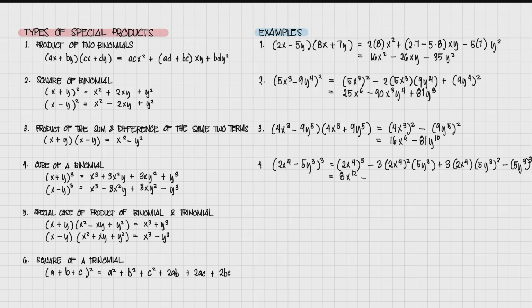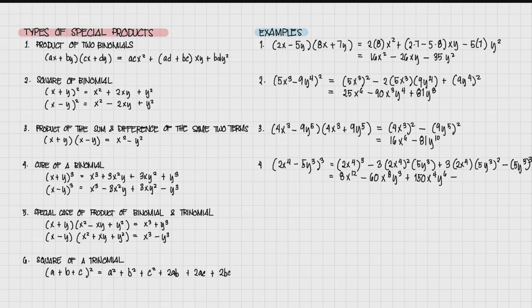Minus 2 times 2 times 5 times 3 is 60 times x raised to 4 times 2, 8, times y raised to 3, plus 5 times 5 times 2 times 3, that's 150, times x raised to 4 times y raised to 3 times 2, which is 6.